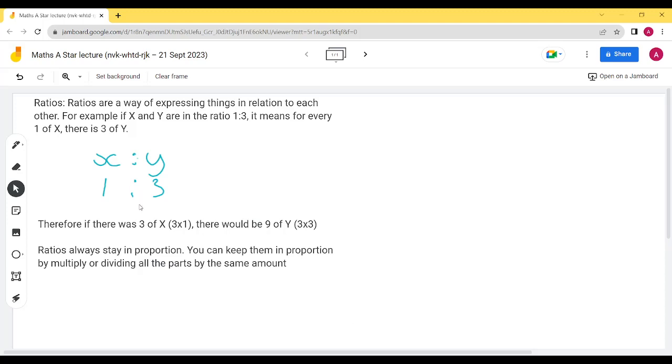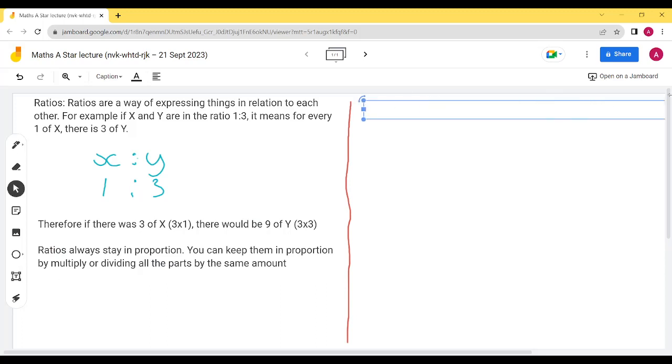We've studied fractions recently, and it's good to understand the relationship between ratios and fractions. Ratios can be written as fractions.